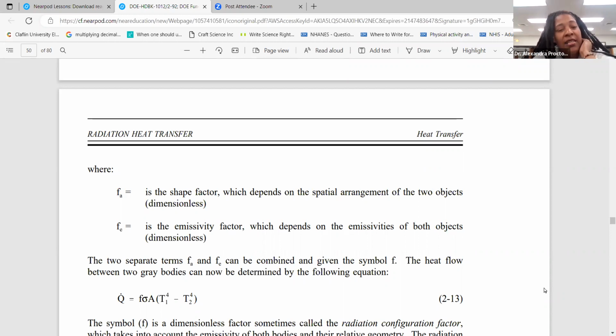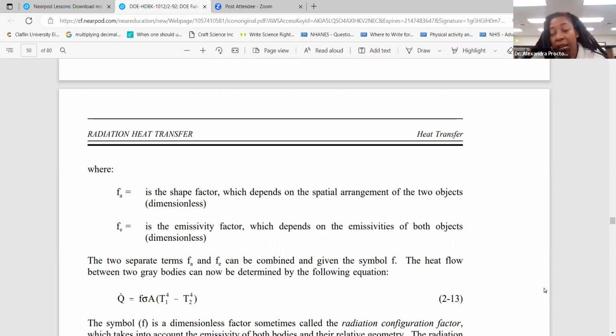F sub E is the emissivity factor, and that depends on the emissivities of the two objects. The two separate terms, F sub A and F sub E, can be combined given the symbol F. And the heat flow between two gray bodies can now be determined by the following equation.